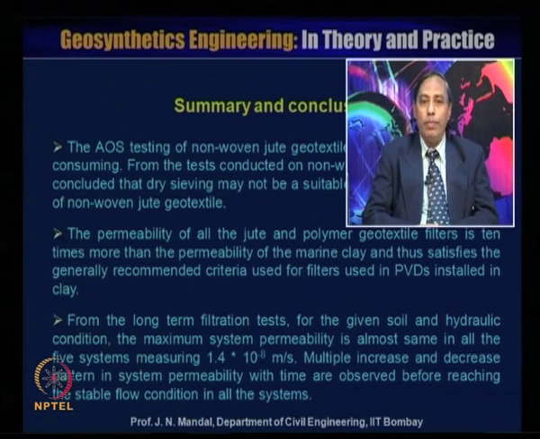From the long term filtration test for the given soil and hydraulic condition, the maximum system permeability is almost the same in all the 5 systems, measuring 1.4 x 10^-8 meter per second. Multiple increase and decrease patterns in system permeability with time are observed before reaching the stable flow condition in all the systems.